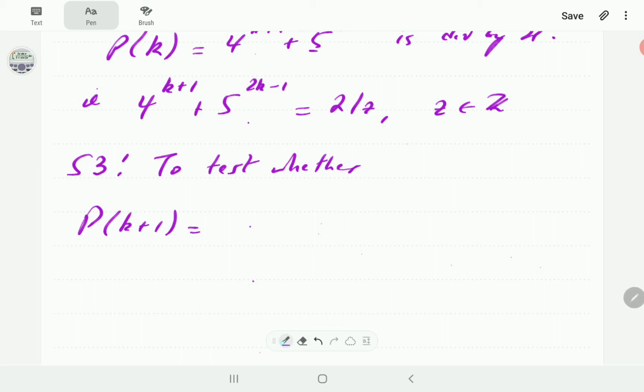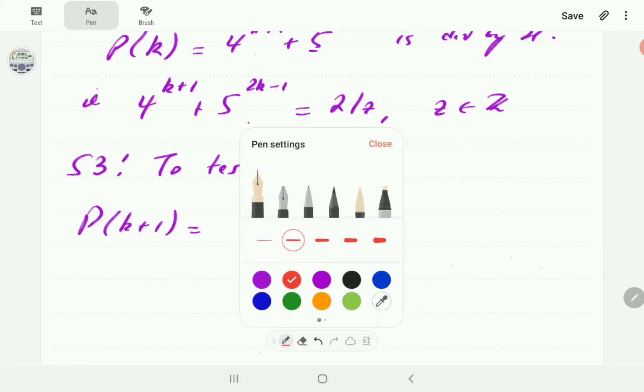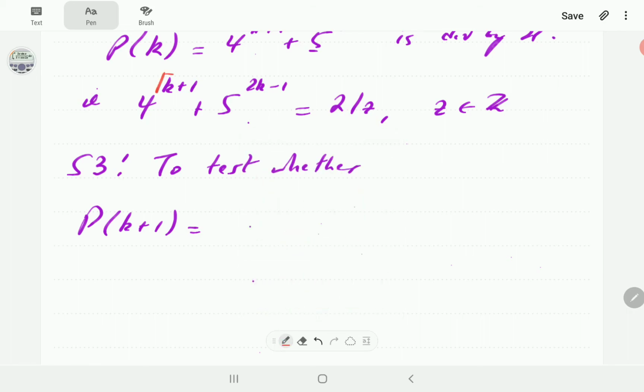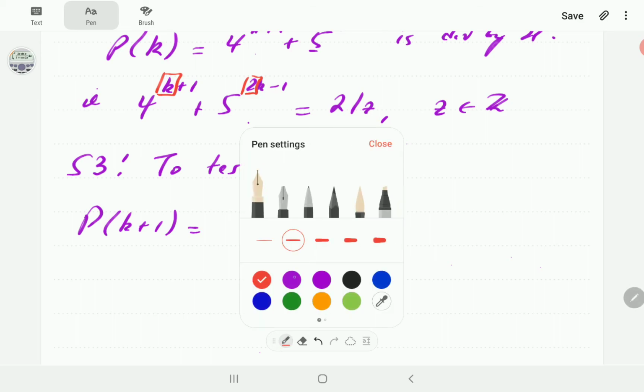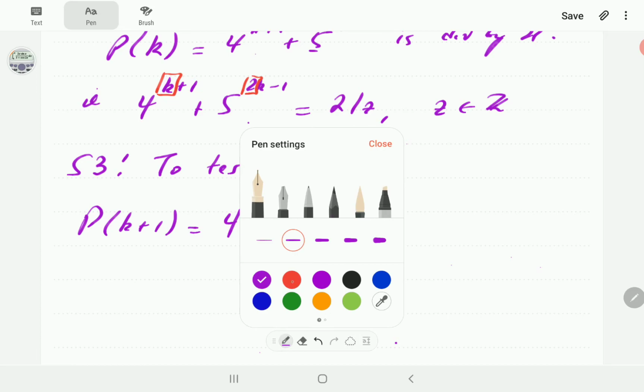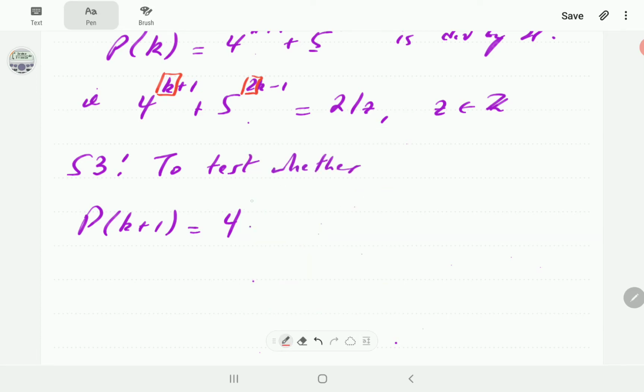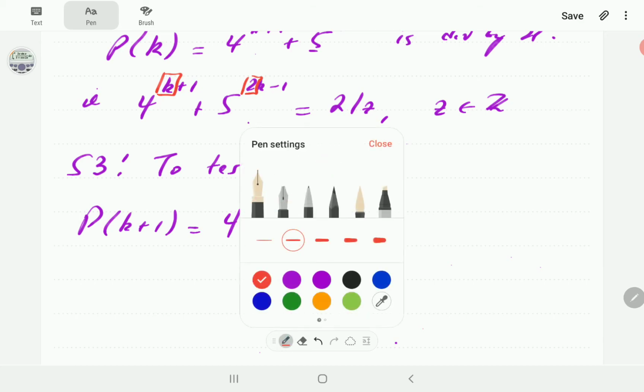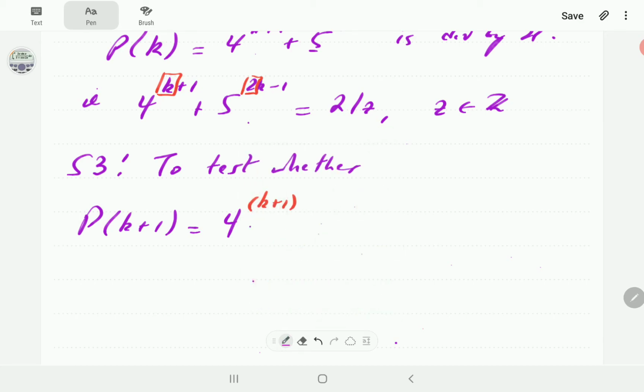Now remember, in this step, we'll replace every k by k plus 1. So wherever there is k, we're going to plug in k plus 1. So this is what we're going to have: 4 to the power, where there was k, we put in k plus 1.